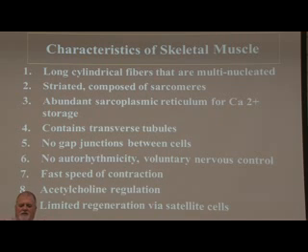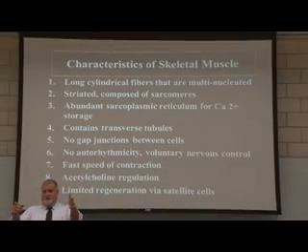So to begin with, one of the longest muscles in our body is the sartorius. The sartorius comes off the anterior superior iliac spine and goes to the tibia right here. So the muscle itself is about that long, and the cells go from the origin to the insertion. So the cell is that long.